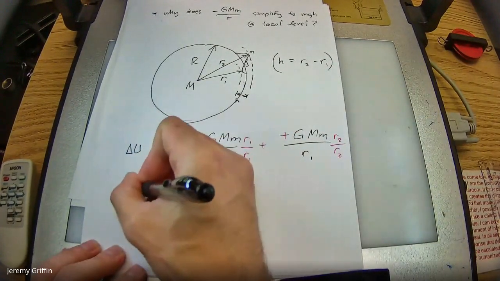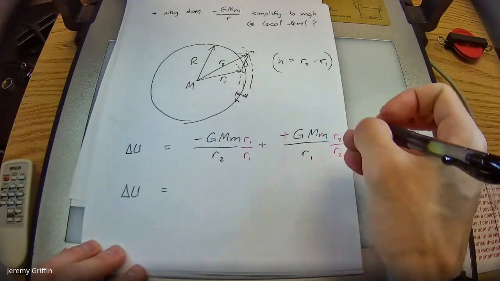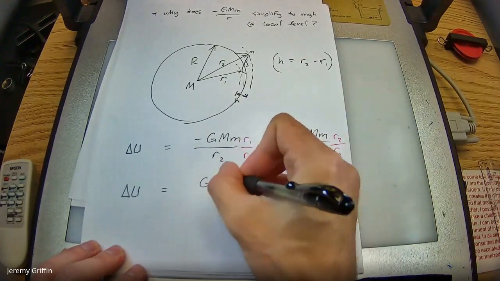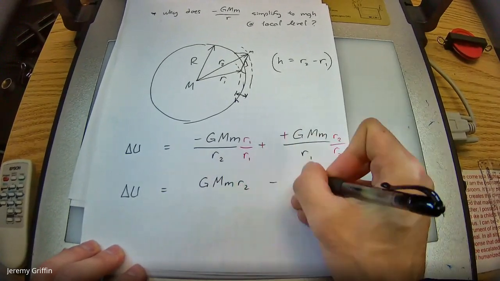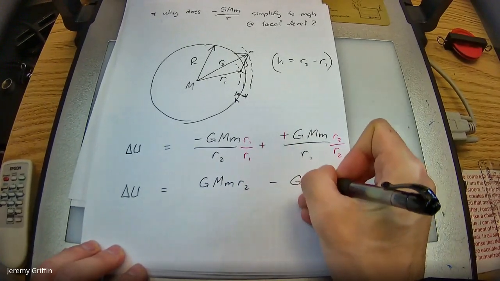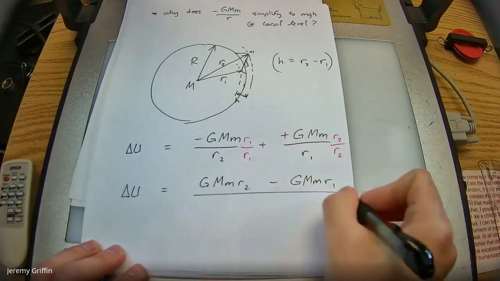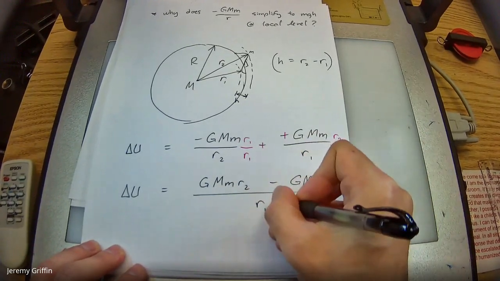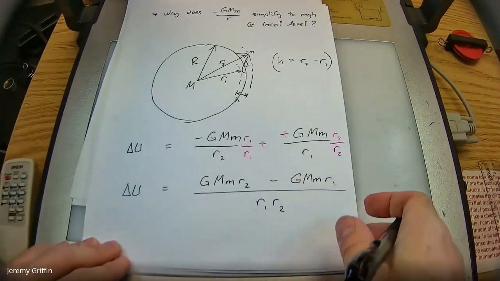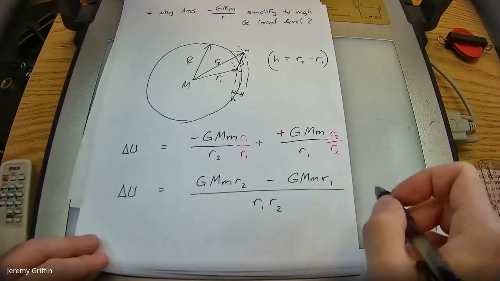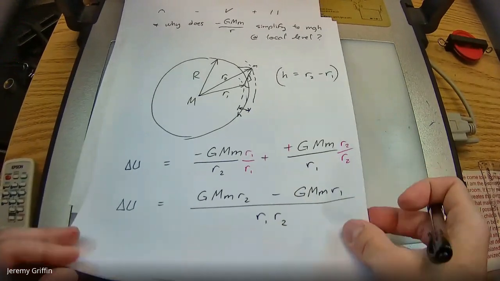So the change in energy would be G M m R2 minus G M m R1, all divided by R1 times R2. Isn't that true? Just a little bit of math here. There's a lot in common in the numerator, so I'm going to factor that out.